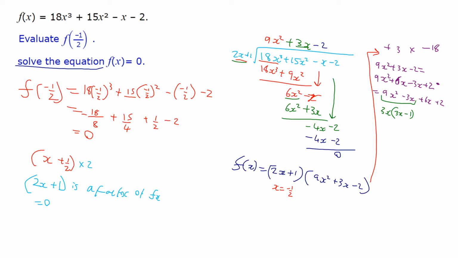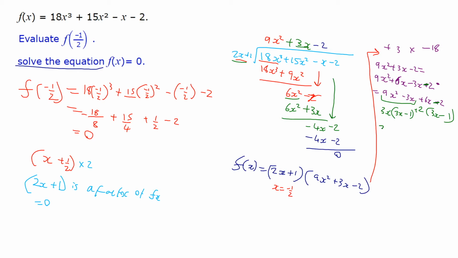So what we're going to do is factor out 2, and then it's 3x minus 1, okay? Sorry, I keep writing my minuses as plus. Always focus on your signs, guys.